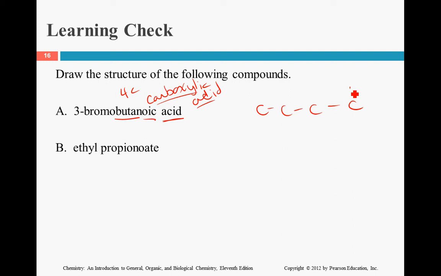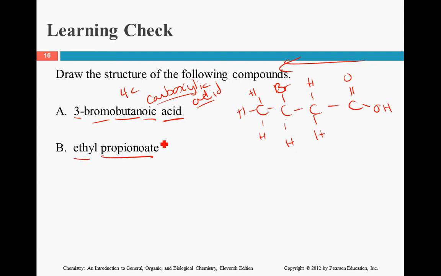Carboxylic acid means that the last one is going to have a double bonded O and an OH. 3 bromo. Start counting from the oxygen. So 1, 2, 3, bromine. All the rest are filled in with hydrogens. This one already has 4 bonds, so I don't have to worry about that one. This one has 2 bonds, so I need 2 more. This one has 3 bonds, so I need 1 more hydrogen. And this one only has 1 bond, which means I need 3 hydrogens. Each carbon has 4 bonds.